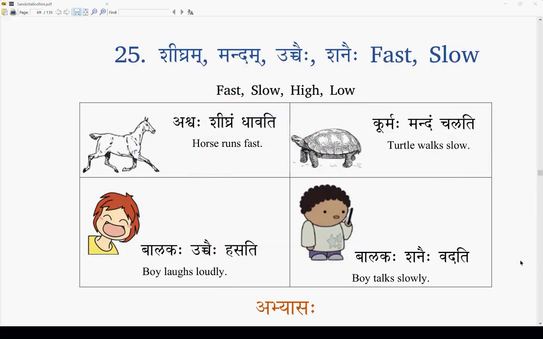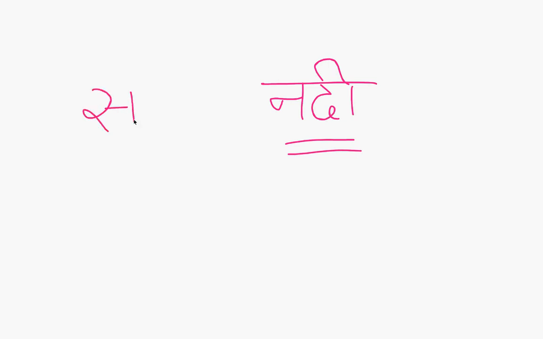Again, if the Vishesham, the one which is being described, is a Strilingam, then the Visheshanam will also become a Strilingam. In this example, suppose you say Nadi. Nadi is Strilingam. So if you want to say beautiful Nadi, we will say Sundari Nadi.